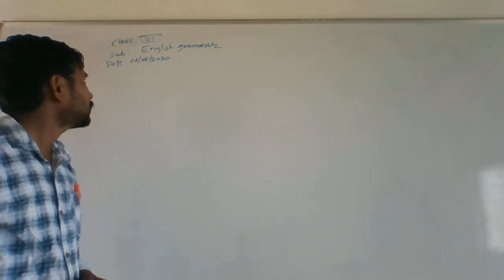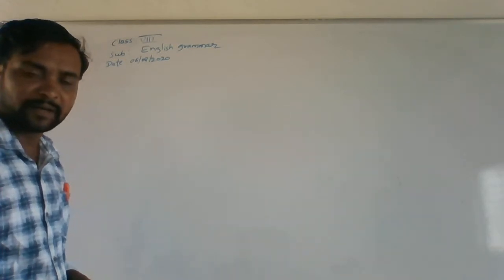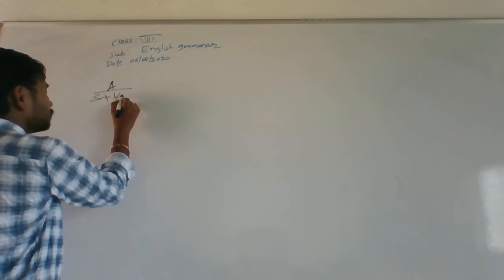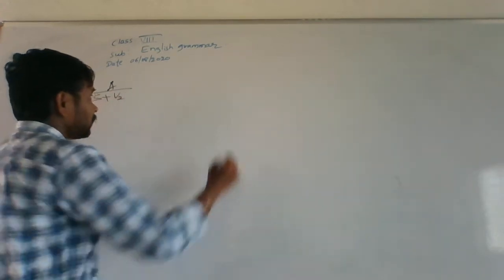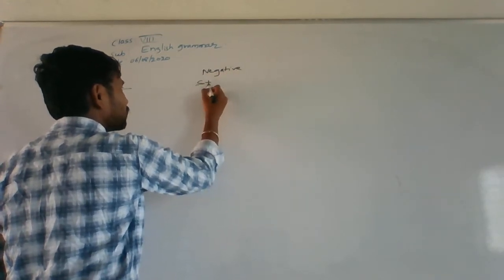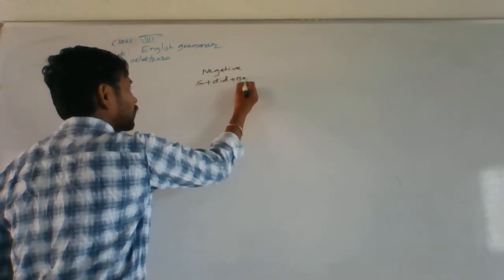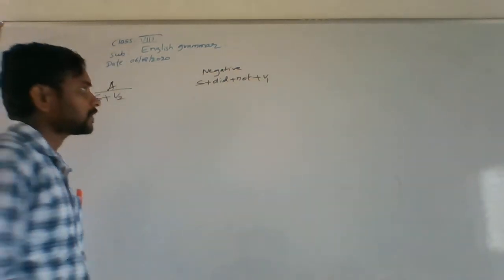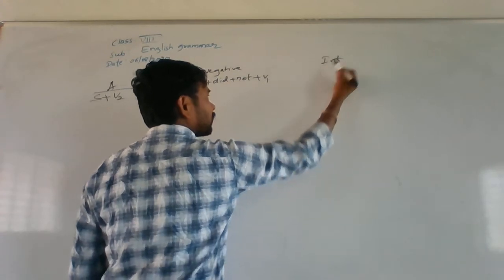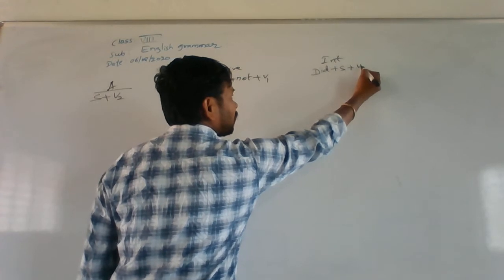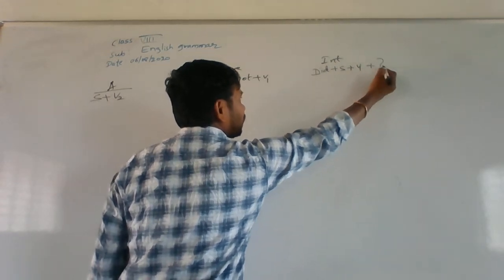Assertive: subject, V2. Okay. Then negative: subject, did not, then V1. Does it understand? Then interrogative: did, subject, then V1. Finally, question mark.